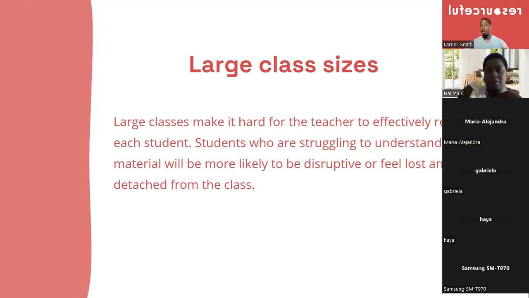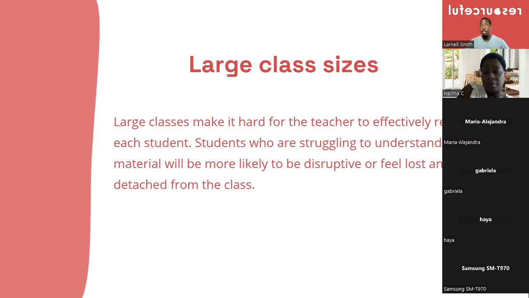So large classes are a problem or a barrier to engagement because it makes it hard for us to effectively reach each student, right? Even with a smaller class, it sometimes feels hard to reach each student. Students who are struggling to understand or follow the material tend to either not interact with you or the others, or they might become disruptive, making noise, talking, on their phones.